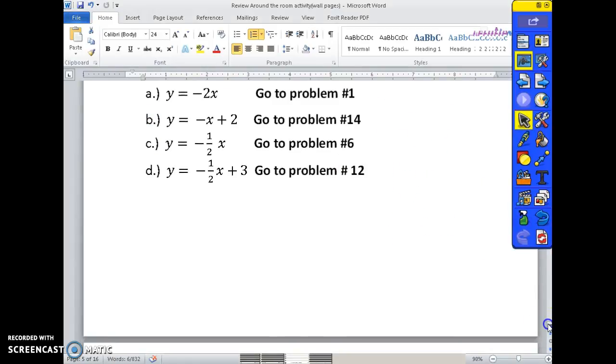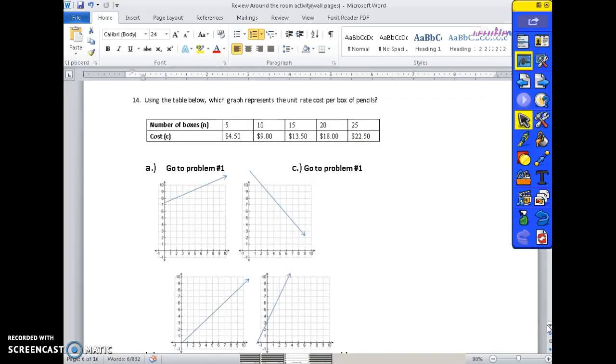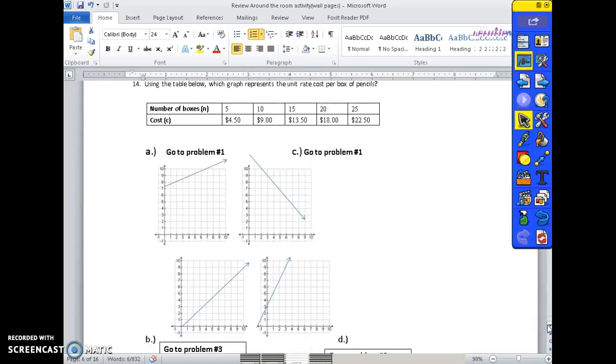For problem 14, I have to use the table to find which graph represents the unit rate of a box of pencils. So my point is 5, 4.5: for 5 boxes, it's going to cost $4.50. For number 1, at 5 boxes, my cost is $9.50.